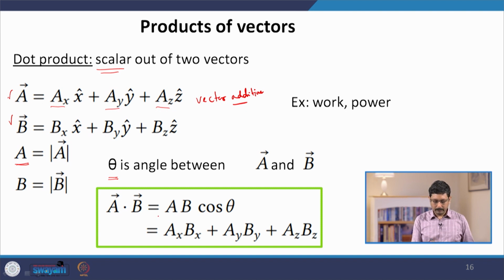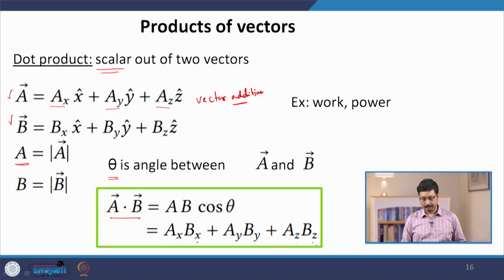Then, theta is the angle between A and B. A dot B, with the dot in the middle, is the notation for the dot product. A dot B is defined as the magnitude of A times the magnitude of B times the cosine of the angle between A and B. That is the rule, and we can write the same product directly in terms of components: x component times x component plus y component times y component plus z component times z component.